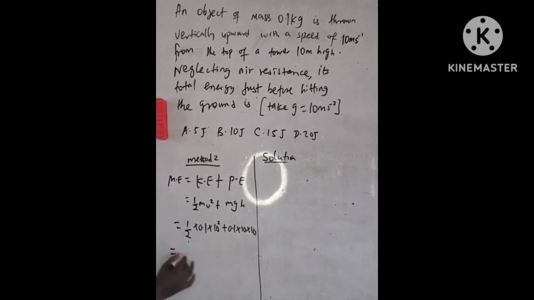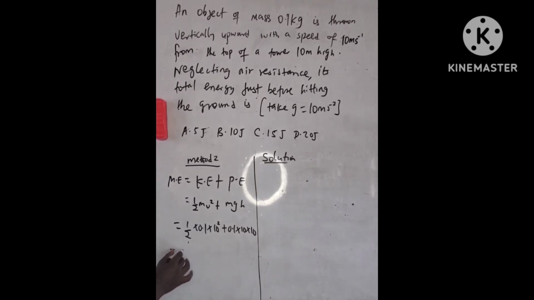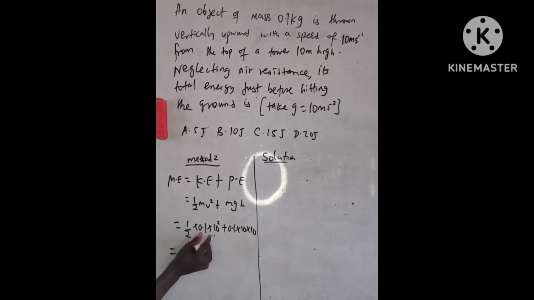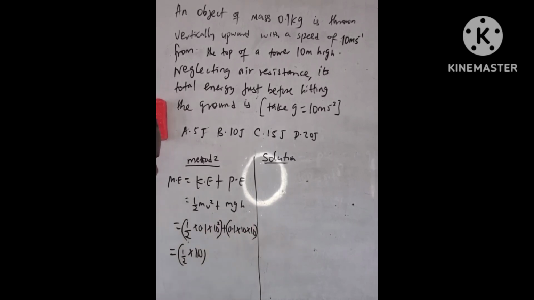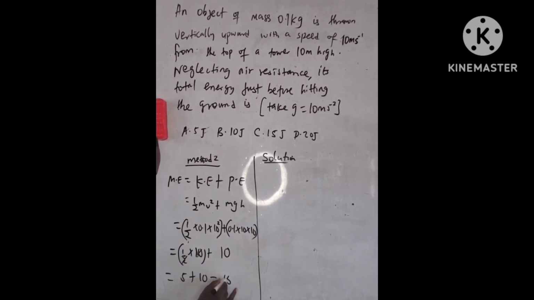So that will give us 1 over 2 times 0.1 times 100, which is 5, and the second part will give us 10. We have 5 plus 10, which is equal to 15 joules.